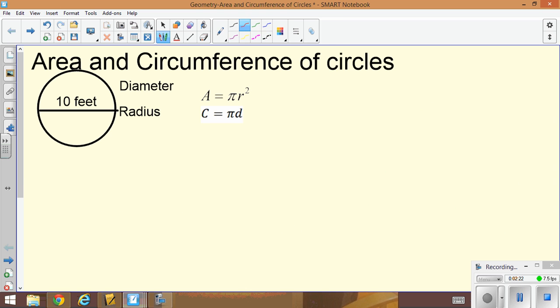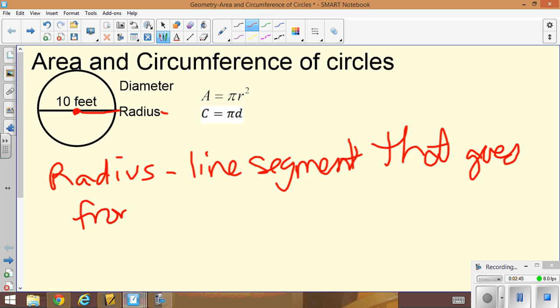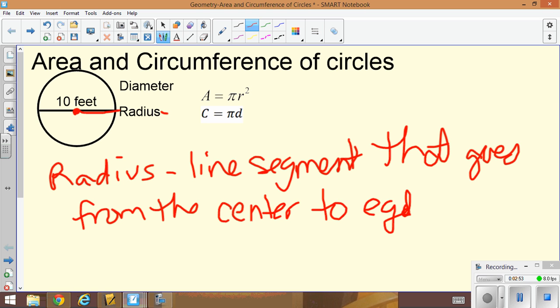Now there's another word on the screen here called radius. Radius measures from the center point only to the edge. So radius is a line segment that goes from the center to the edge of the circle.